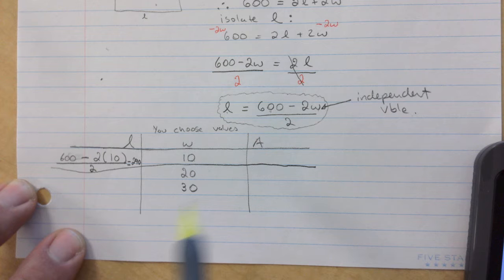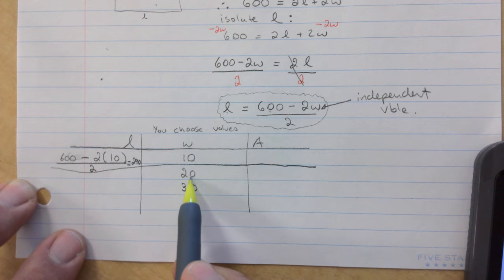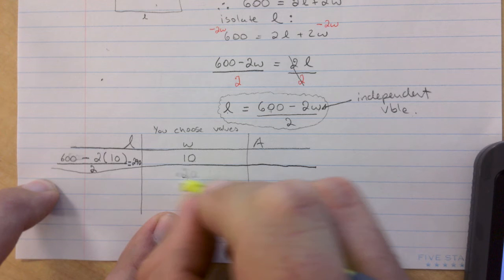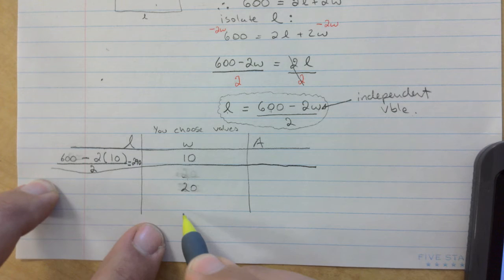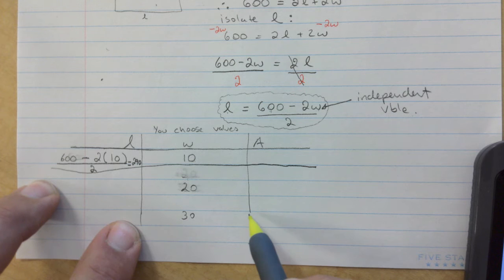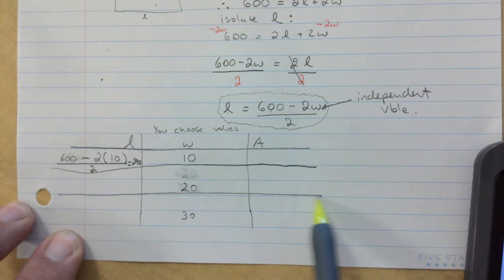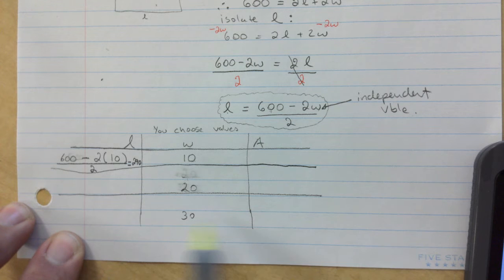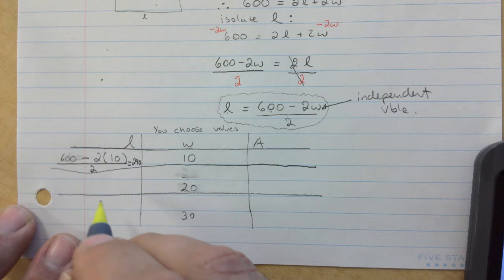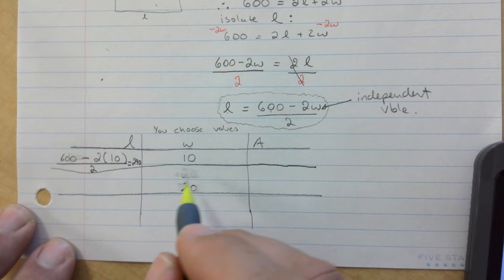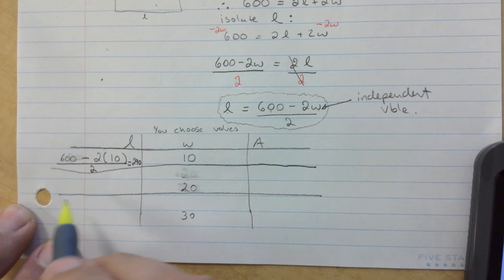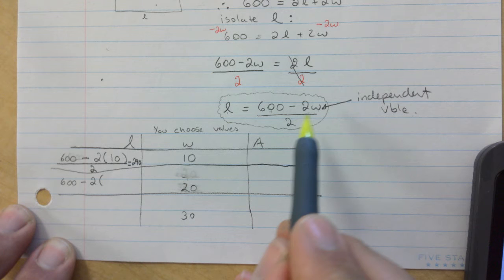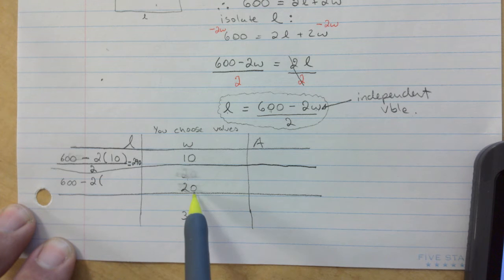I repeat the procedure. So maybe what I will do to keep the rows straight is put the 20 here and the 30 here, just to have a bit more room. So essentially 3 rows like this. For this one, length is 600 minus 2 times what? What is W? It is 20 in this case. And you divide that by 2.